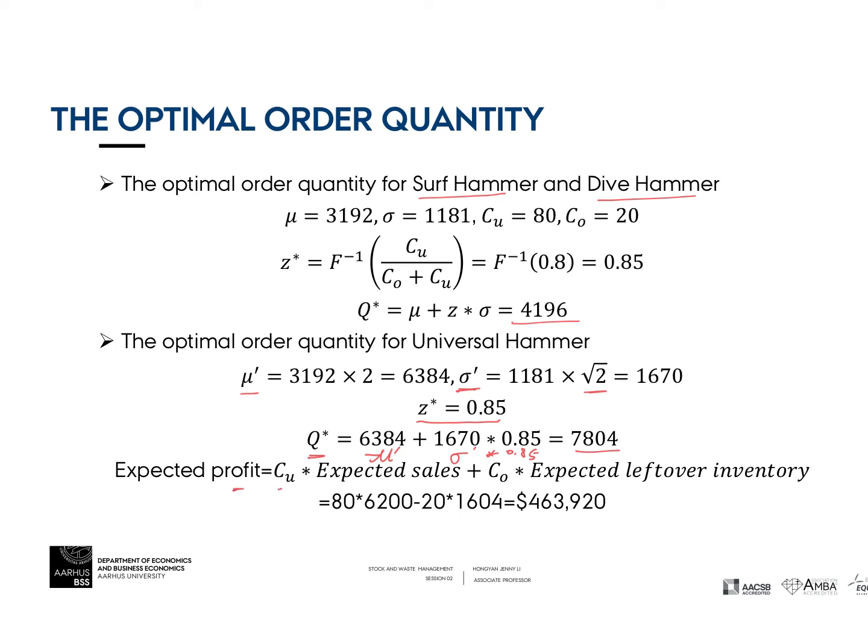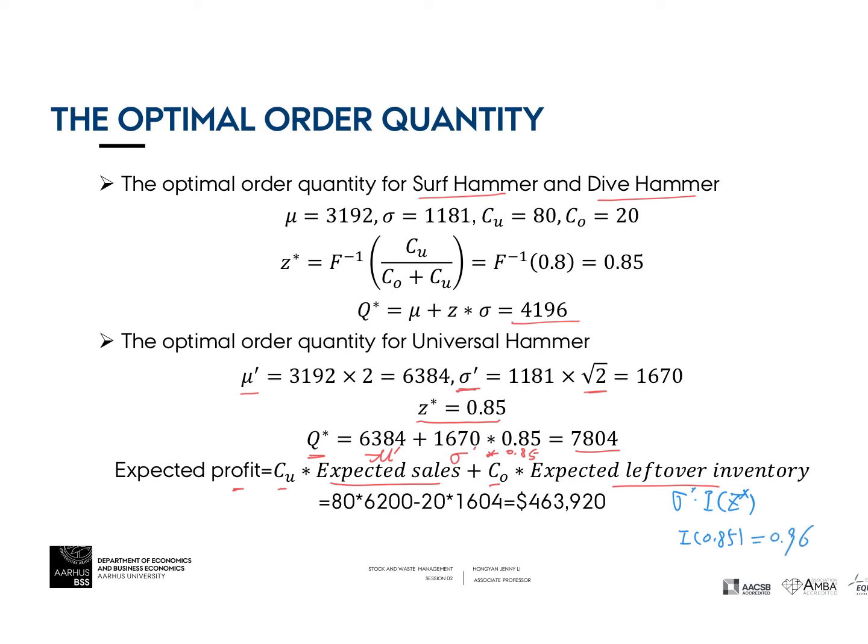Then we can calculate expected profits. We use the underage cost times expected sales, and the overage cost times expected leftover. You can write the expected leftover, if you still remember the newsvendor model, as sigma times I, the standard normal inventory function of z. Here I(0.85) equals 0.96.